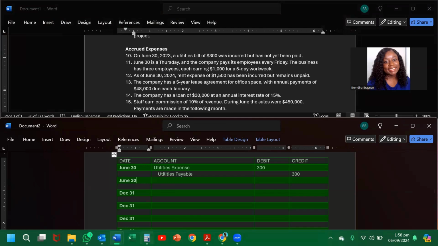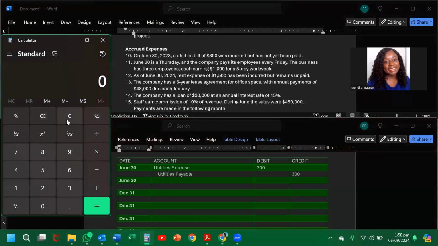And so therefore, if I wanted to calculate the amount, because they tell us $1,000, but they said, first of all, we have 3 employees and each of them earn $1,000 for those 5 days. So my first thing I need to identify is if I need to find out their pay for 4 days, I need to take $1,000 divided by 5, which is a 5-day workday.